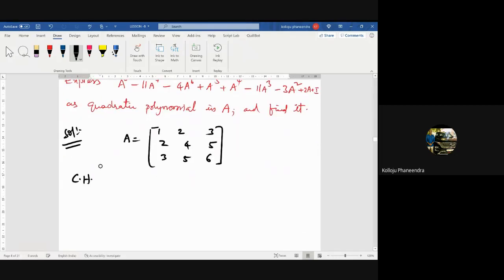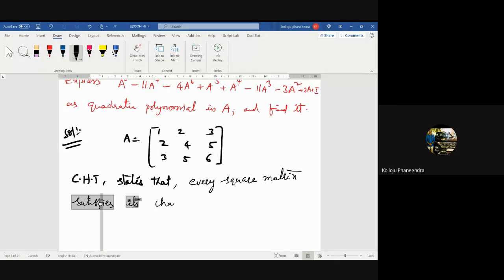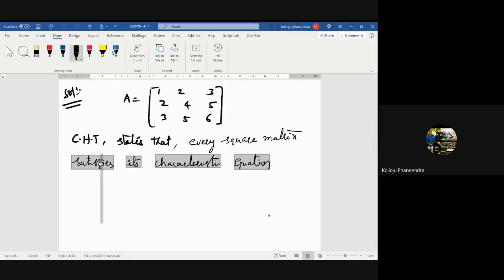So I will write, Cayley Hamilton theorem states that every square matrix satisfies its characteristic equation.